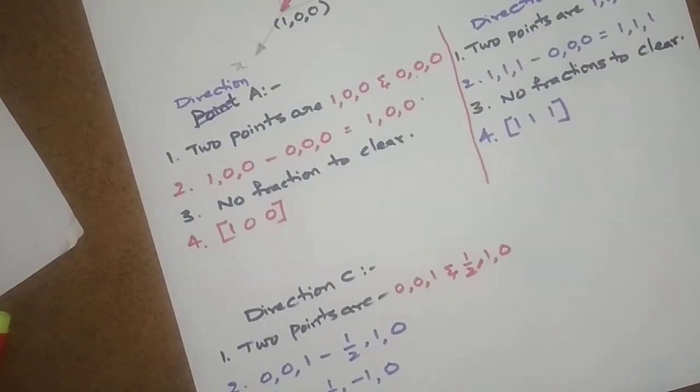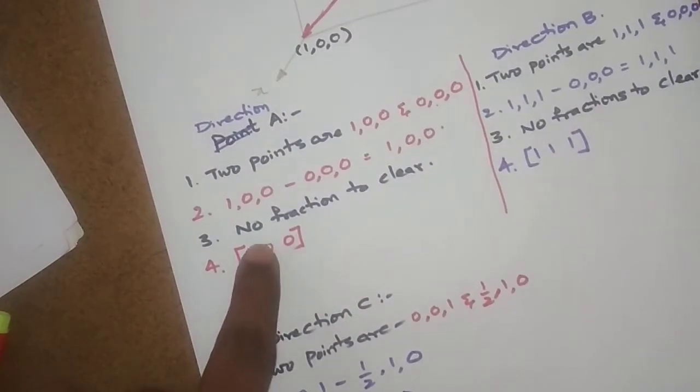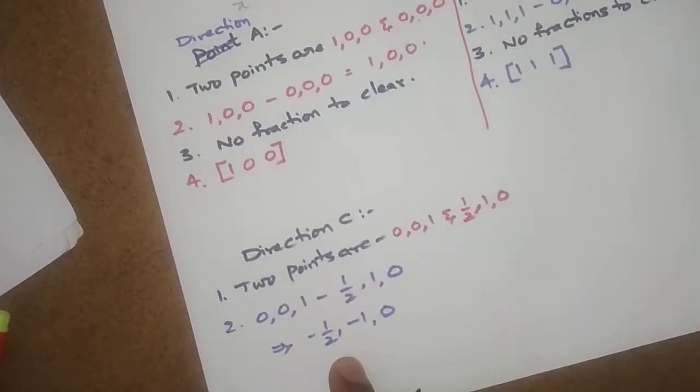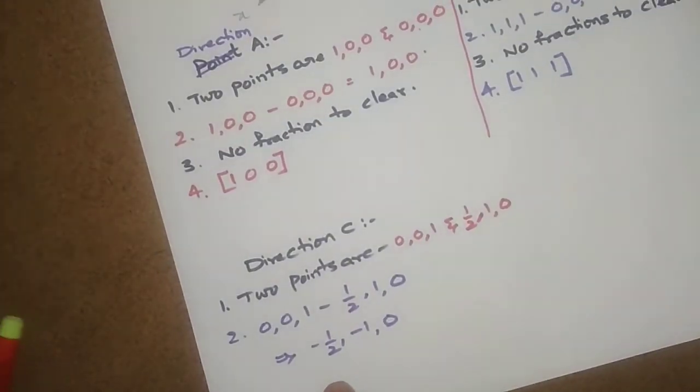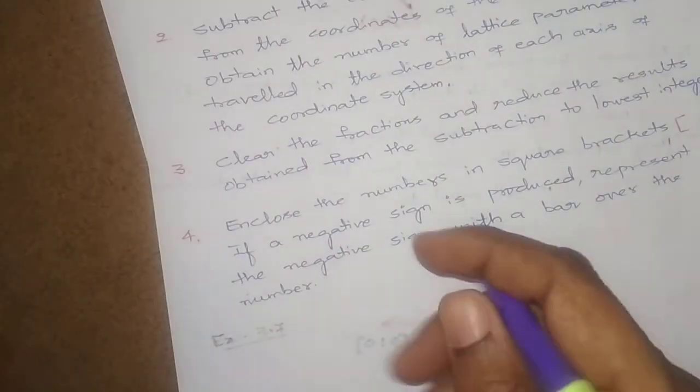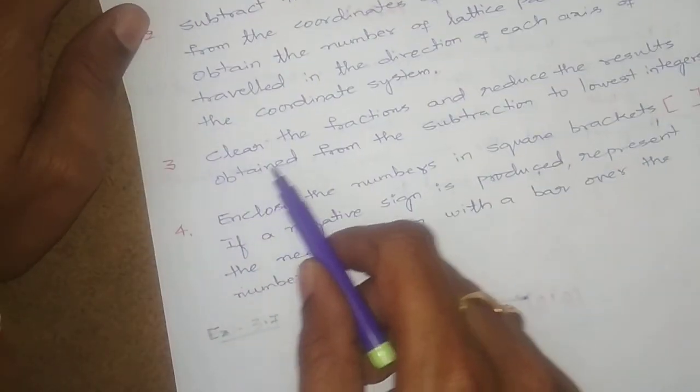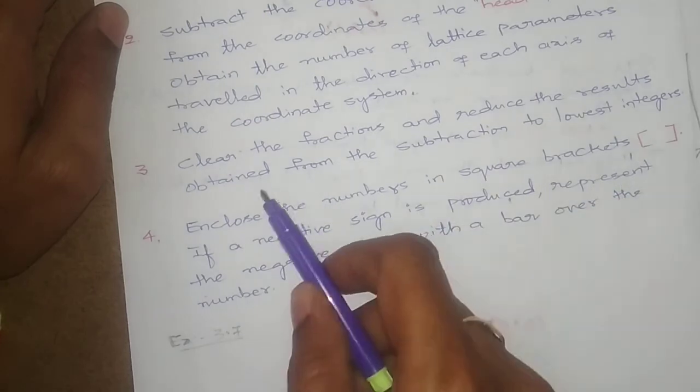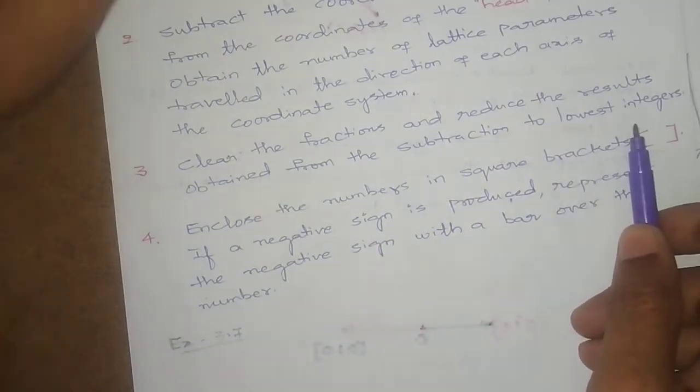Here there are fractions. In the previous two cases there were no fractions to clear, but here there are fractions to clear. So the third step is to clear the fractions and reduce the results obtained from the subtraction to lowest integers.